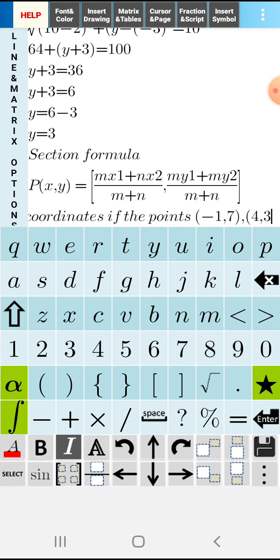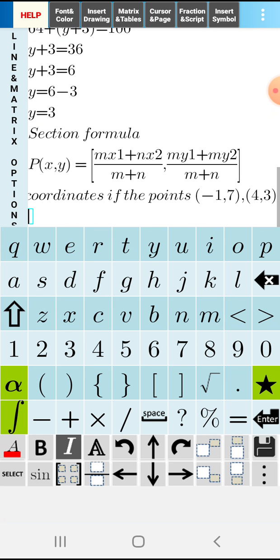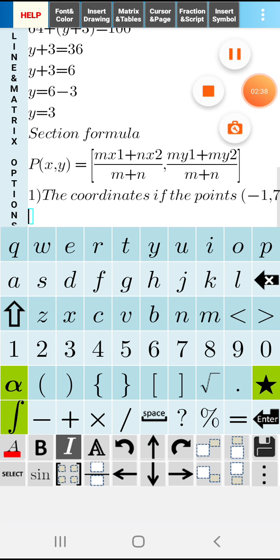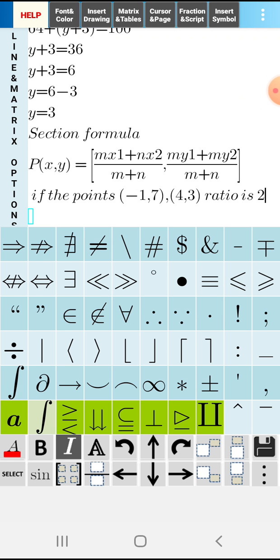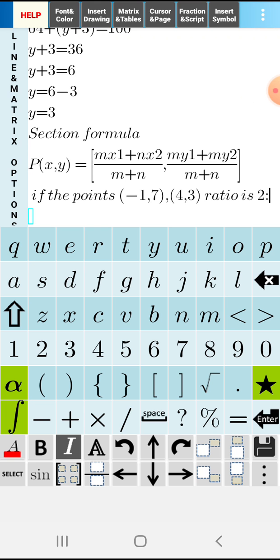I will explain one or two sums, and all other sums are on this basis only, so you have to do the other sums. Now we have to find the answer for this.